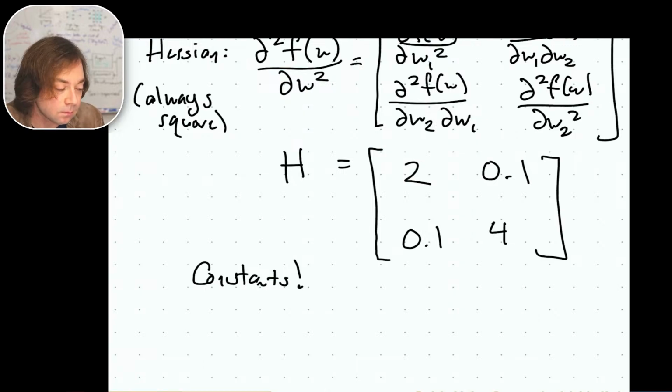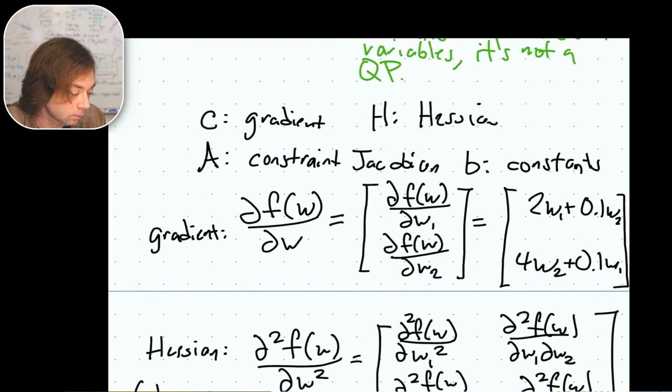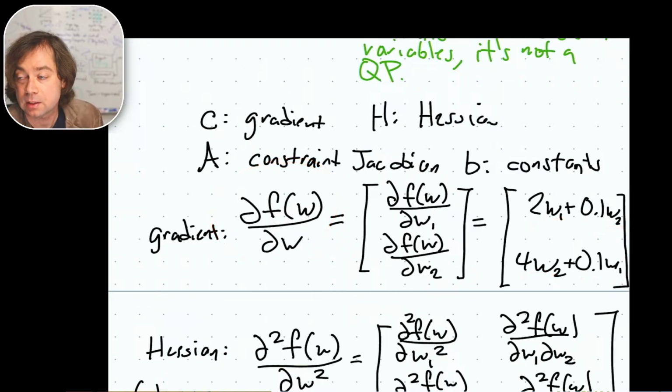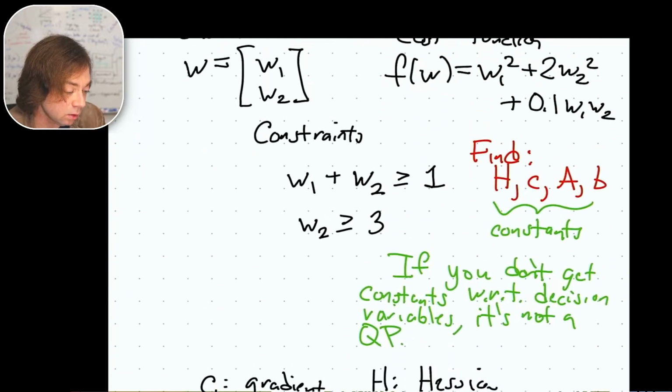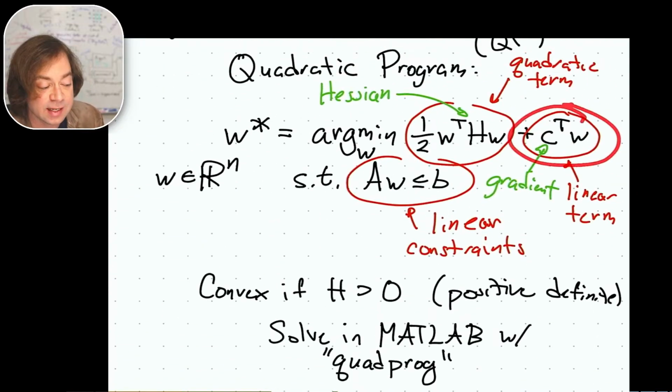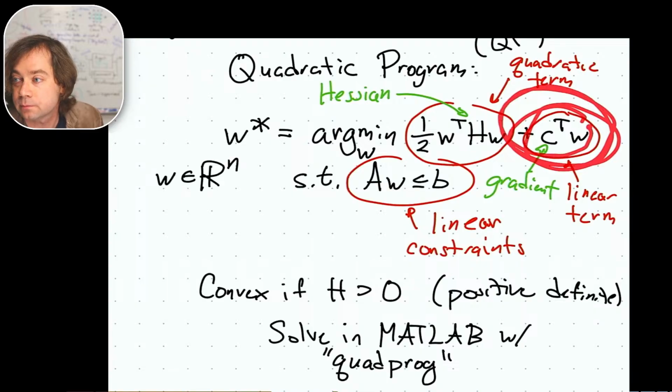Now, what about that linear term? What you want to do is substitute in for this gradient your decision variables where they equal 0. This extra term, if you scroll up, captures things that aren't quadratic, that are linear.